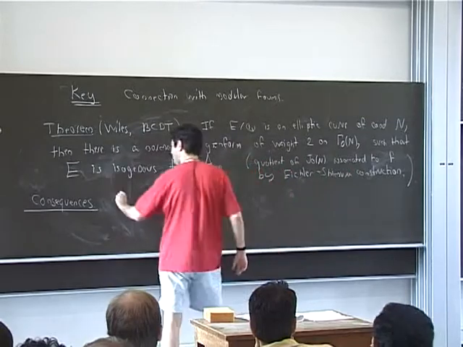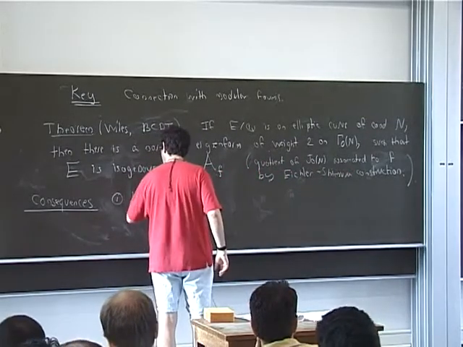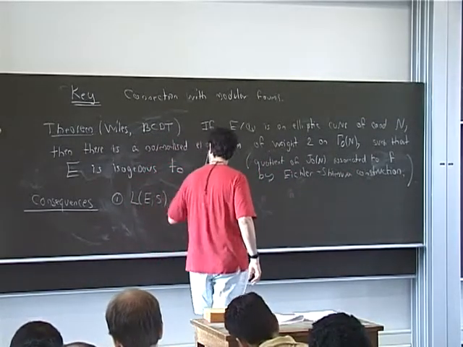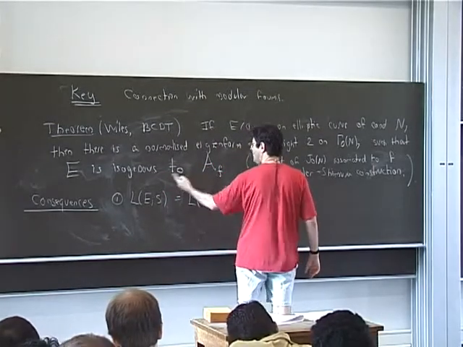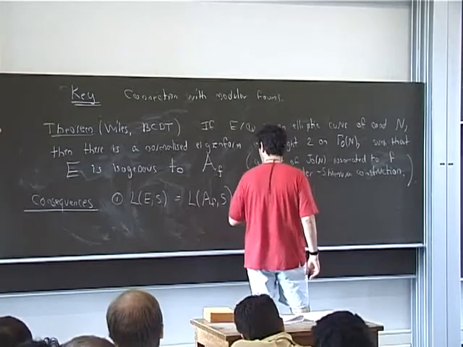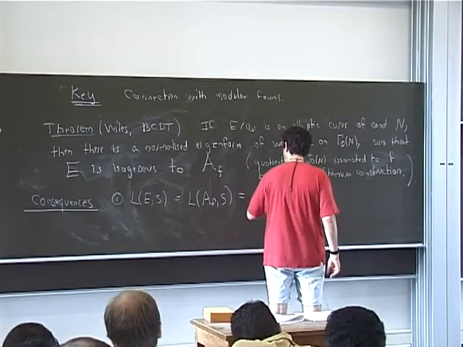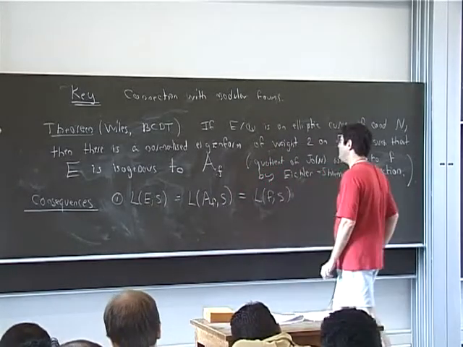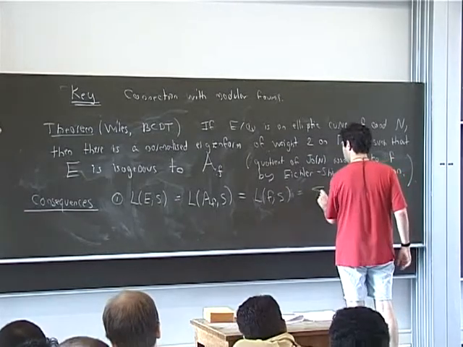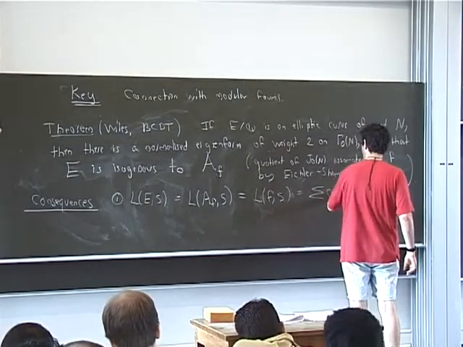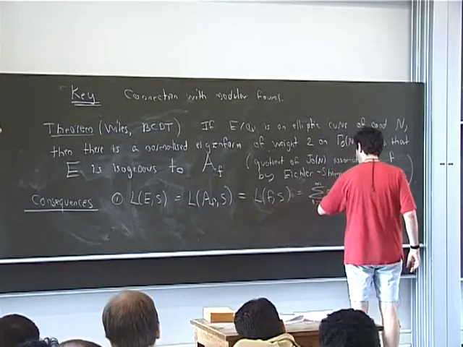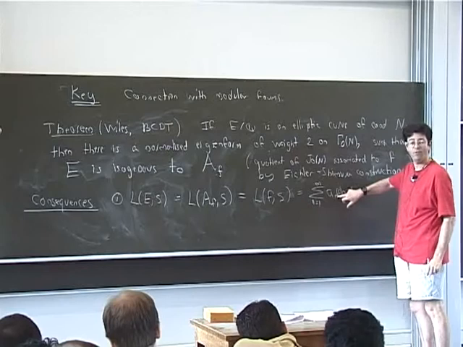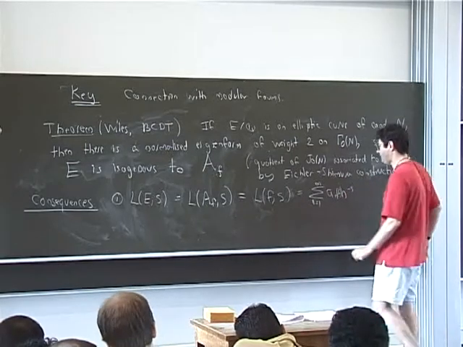So the first consequence is that the L series of E, which is the same as the Hasse-Weil series of A sub f because these are isogenous elliptic curves, is equal to the Hecke L-series associated to the modular form, which is just the sum of a sub n n to the minus s, n going from 1 to infinity, where these are the Fourier coefficients of the modular form f.